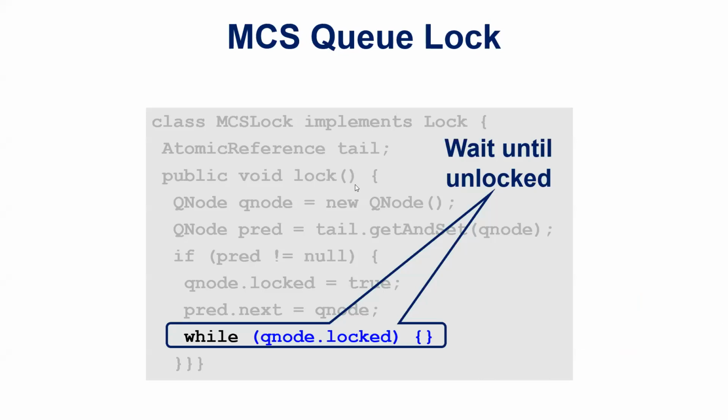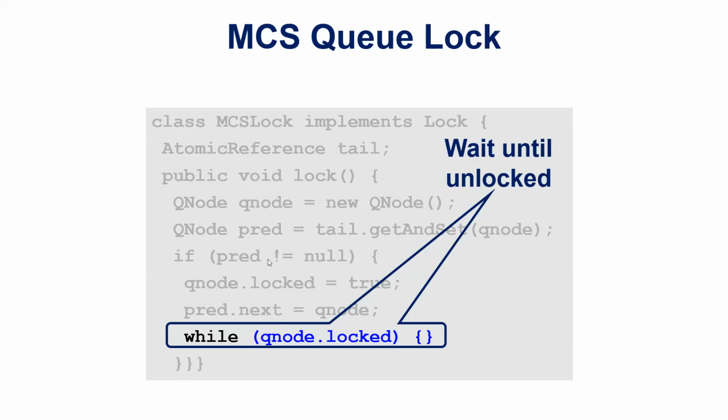Right. Till now, we discussed the lock method of MCS lock. Here we are simply creating the Q node. After creating the Q node, we perform the get and set operation on the tail. We get the Q node that tail is pointing to and store it in the predecessor. In the next step, we set the tail to the new Q node.